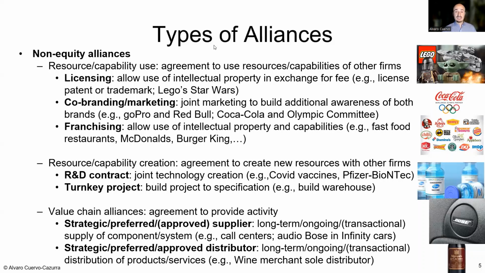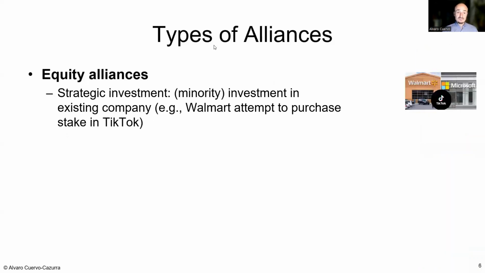Then we have the set of equity alliances, of which we have strategic investment, minority investments, just a little bit of money going into the stock. It's not going to give me control, but it gives me, if you want, some level of influence.